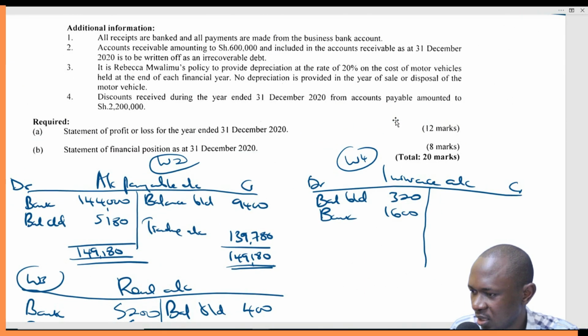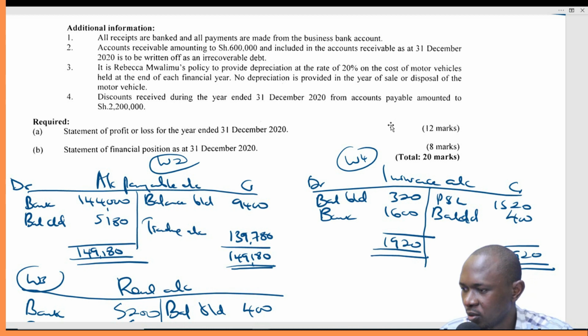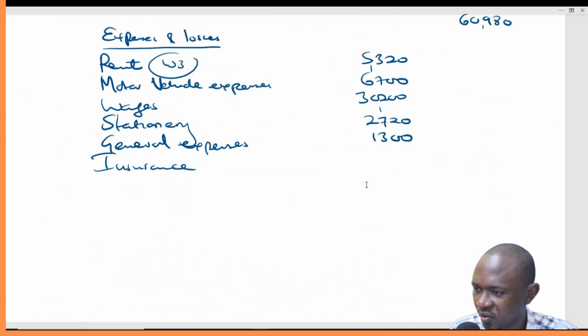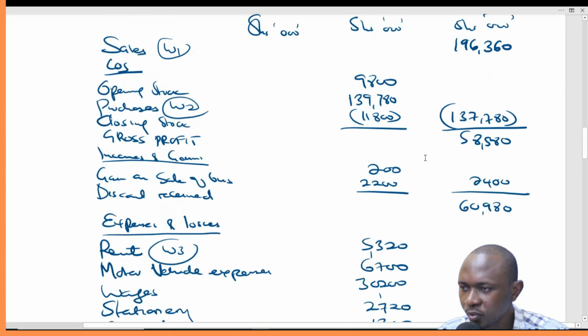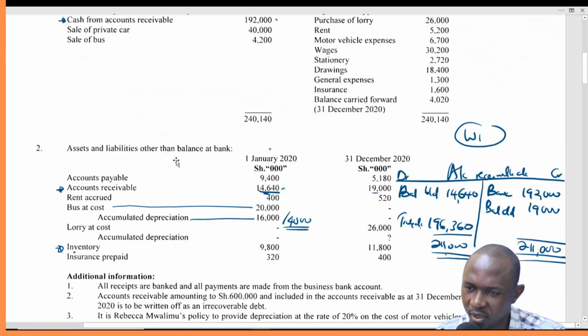So balance carried down 400. To P&L we will have 1,520. This is 1,920 as our balancing figure on both sides. So we simply come here and say insurance, the figure is 1,520. Then we move on. That was insurance, so we are done with that.